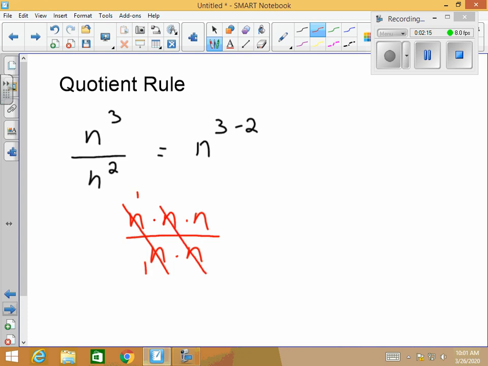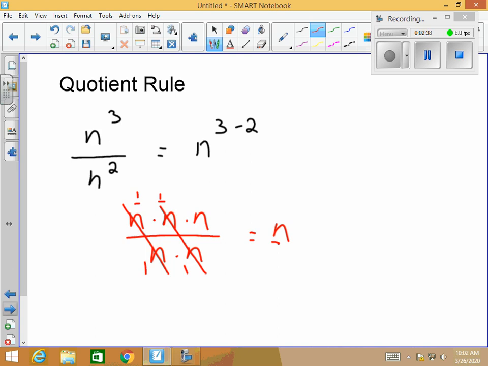Here again, we have n over n, which is 1 over 1, and we have n on top. 1 times n is simply n. 1 times 1 is simply 1 in the denominator, but we don't need 1 in the denominator because anything divided by 1 is itself.